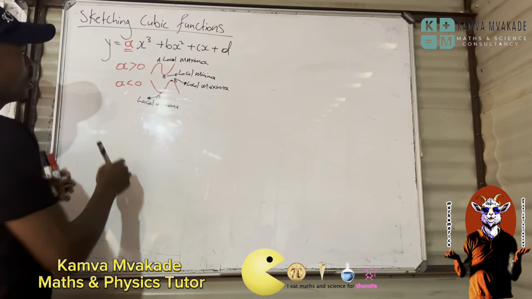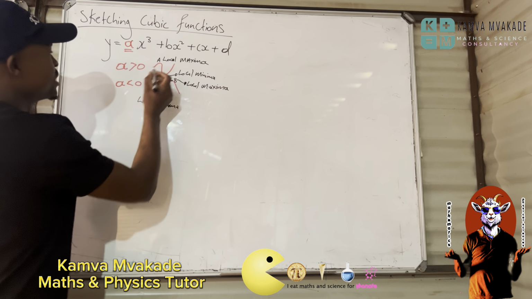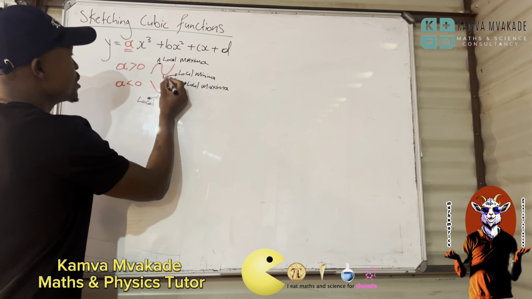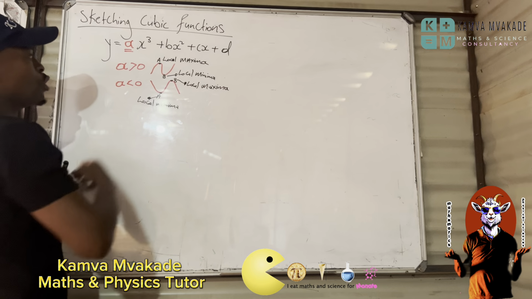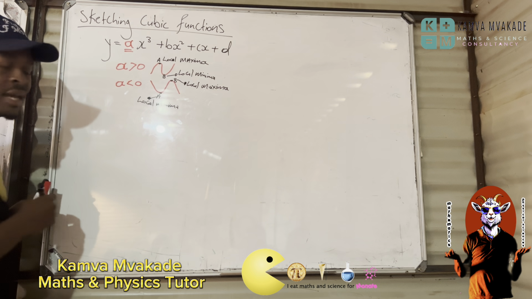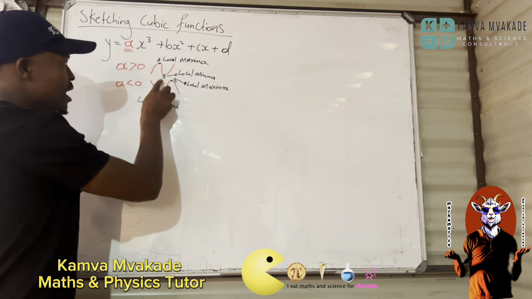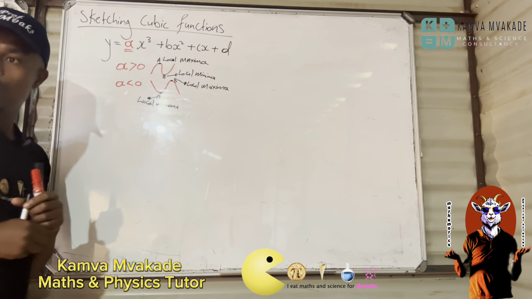Now, at the turning point, what must we also know about our local minima and local maxima? That at the turning point, our gradient is 0.